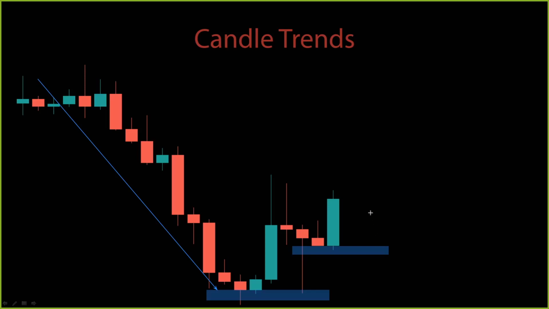Now, I want some interaction here. When we're looking at these candles, is this a good time to buy right now? People are saying no. Okay, the stop is going to be too big. This is not a good time to buy right now. But the only reason is that price is moving bullish, we need price moving. So basically, price is moving like this.